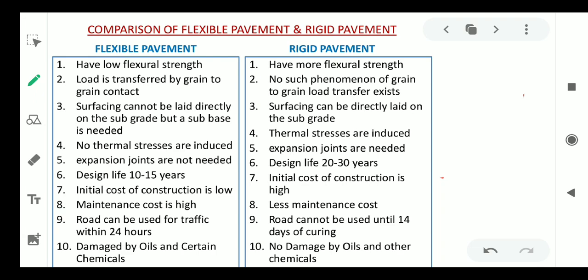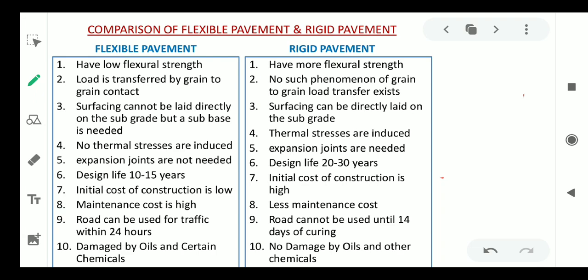So first one is flexural strength. Flexible pavement has very low, or negligible, flexural strength, but the rigid pavement has more flexural strength, since when the load is applied on the rigid pavement, the whole load is distributed all over the surface, so the intensity of the load is decreased.